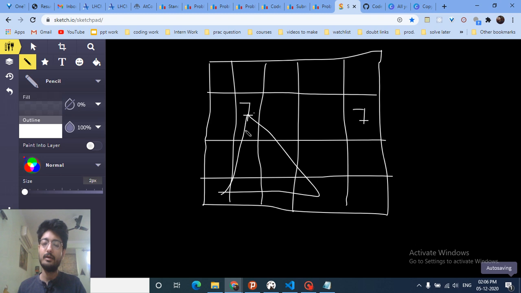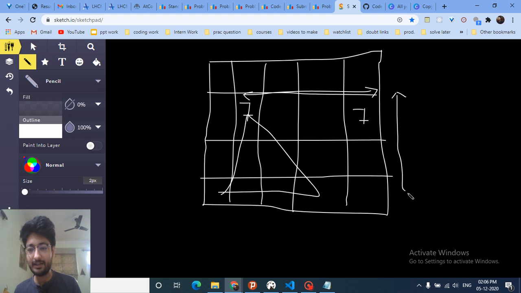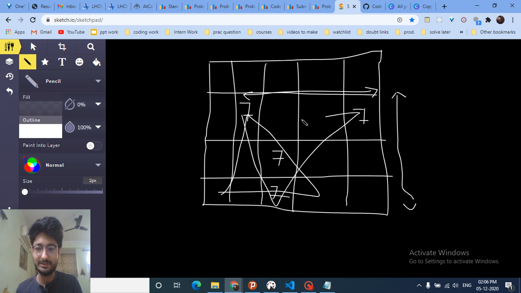Because I want to maximize the area, the base length is this, and if I want to maximize the height, maximizing height is always taking the other end at the boundary point, because if I take somewhere here, if I change some number here to 7, then the height will not be the maximum. If I take this value, this will form the maximum triangle. I hope you get the point.